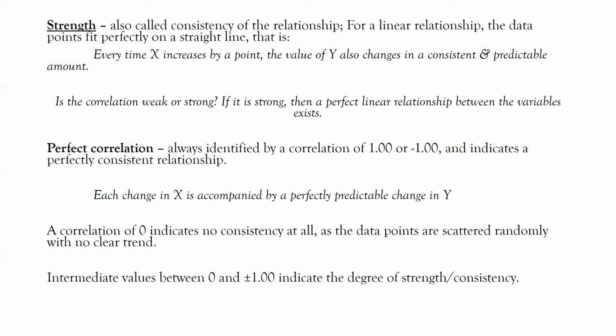Sometimes the amount that Y changes is not always the same. Among the individuals in our sample, some do not follow the trend that as X increases, Y increases in a very predictable and consistent amount. Others increase slightly, others increase a lot, while others remain as is, or others even decrease as X increases. So that's what I mean by not all relationships between variables being perfect.